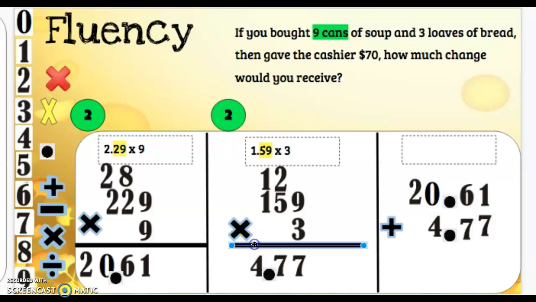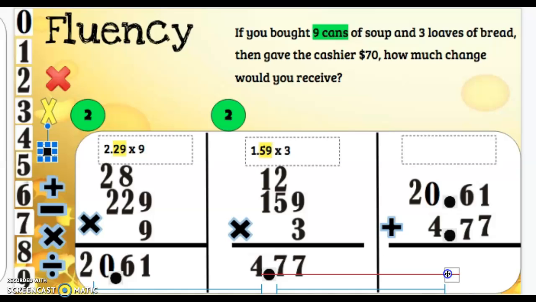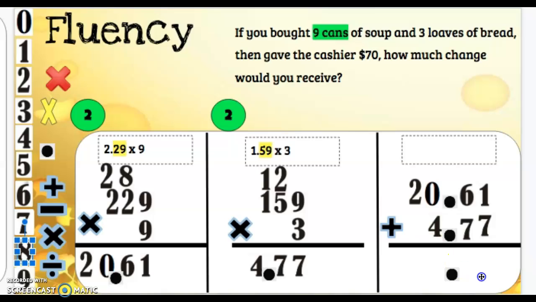And then I'm going to need more lines. So when I'm adding decimals, the first thing I need to remember to do, I drop it down, drop it down, drop it down. So I'm dropping it down. So 1 plus 7, 8. 6 plus 7, 13. 1 plus 0 plus 4, 5.